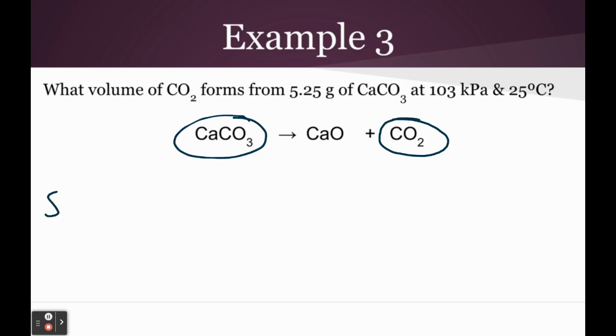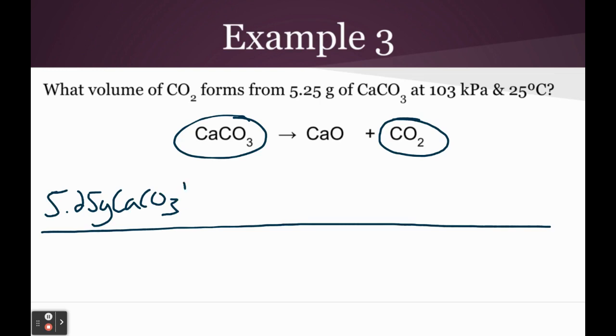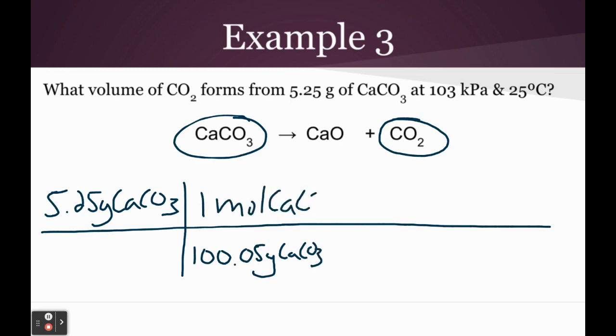So start with 5.25 grams of CaCO3 and convert that to moles of CaCO3. The molar mass is 100.05 grams in 1 mole of CaCO3.